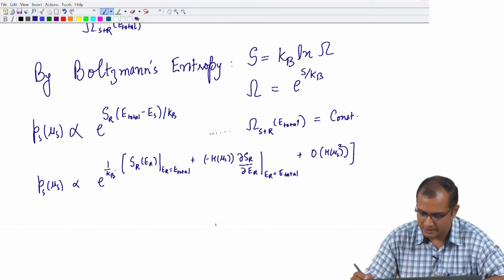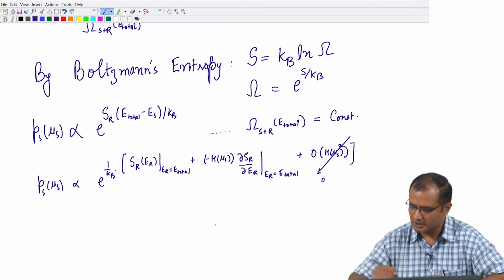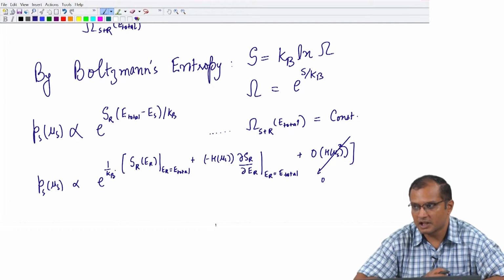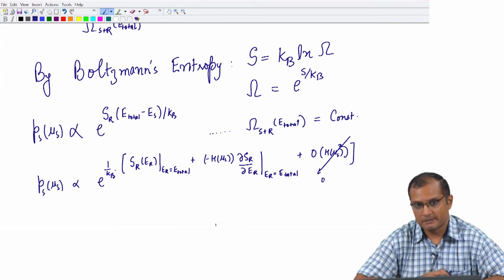So, I am going to drop it. Okay. So, we are going to basically not consider terms quadratic and above in the powers of the system's energy.